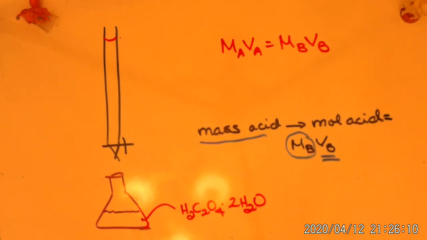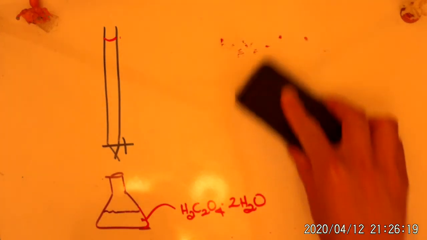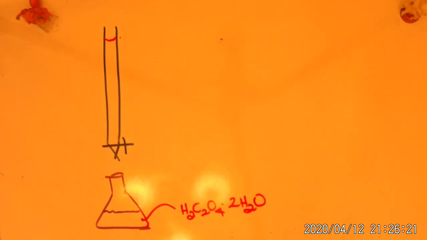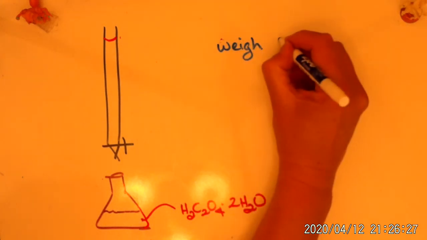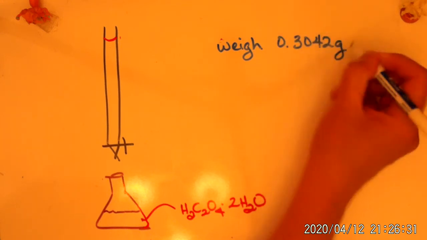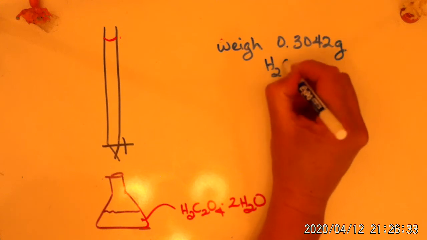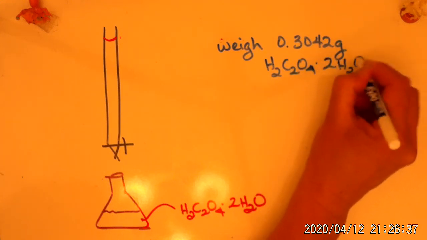Okay? So when you do the first step, I'll just have you do one calculation. Suppose you weighed out 0.3042 grams of oxalic acid dihydrate.